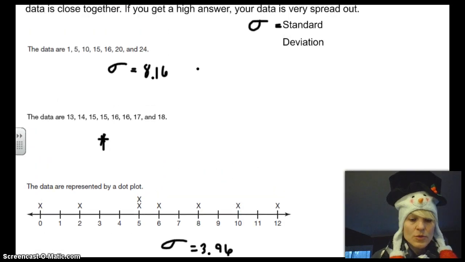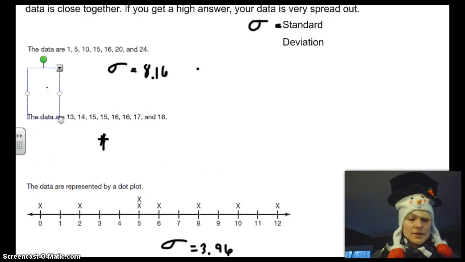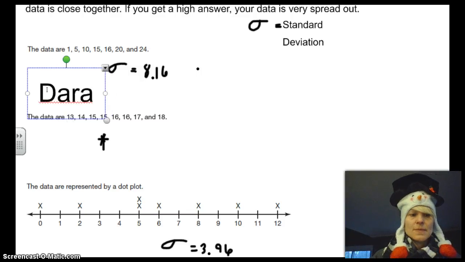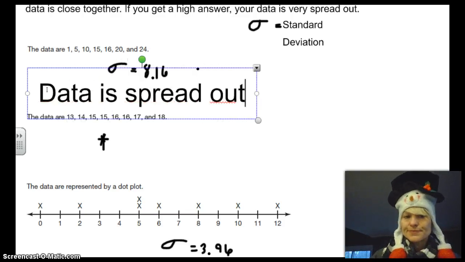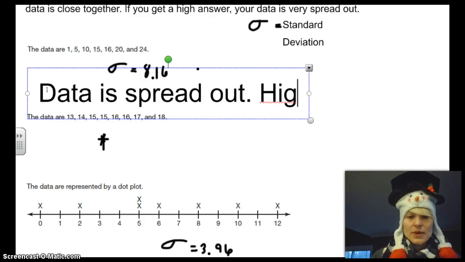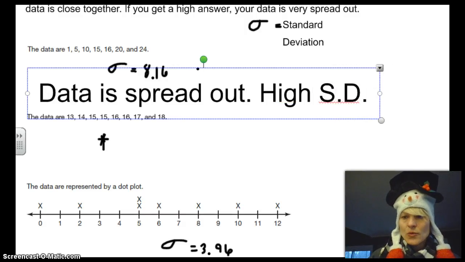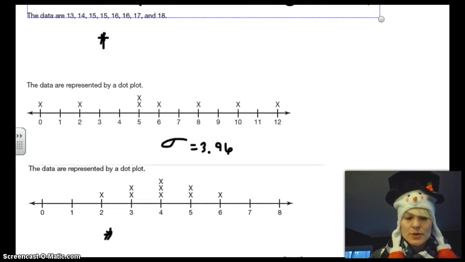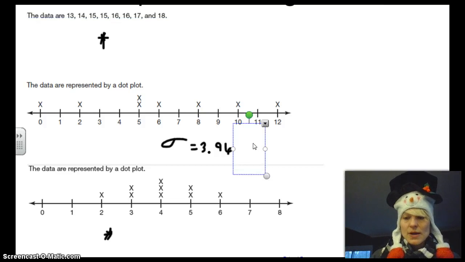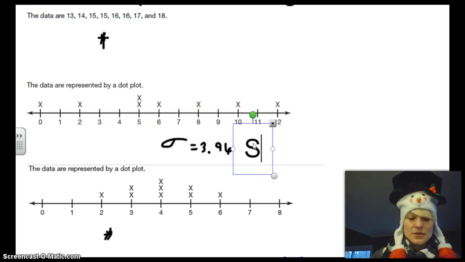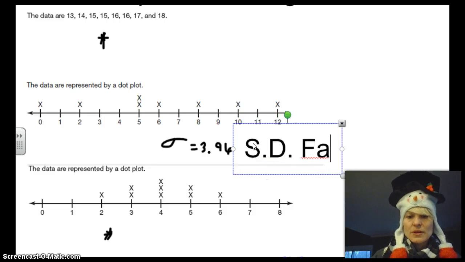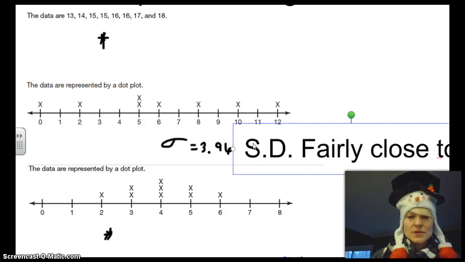Here we would say, since it's an 8, the data is spread out. It has a higher standard deviation. Down here, we would say it's not super close, but it's obviously better than the one above. So we would say the standard deviation is fairly close together.